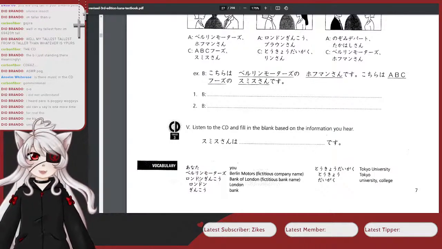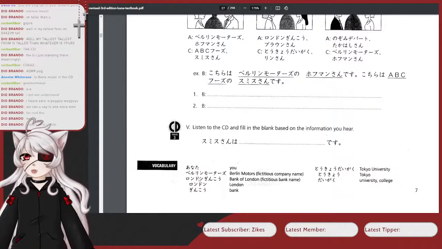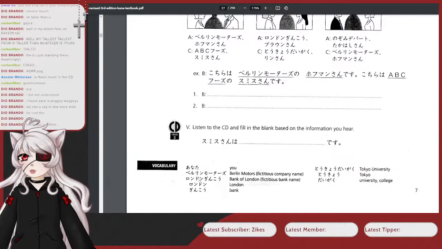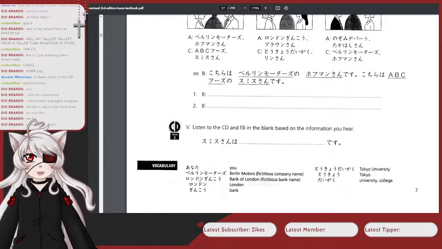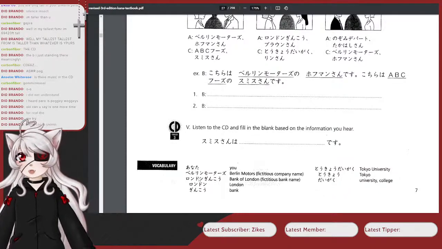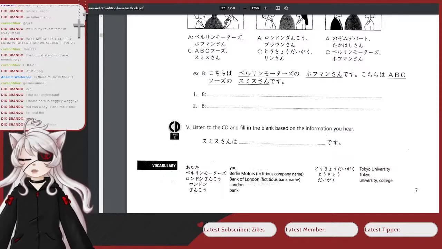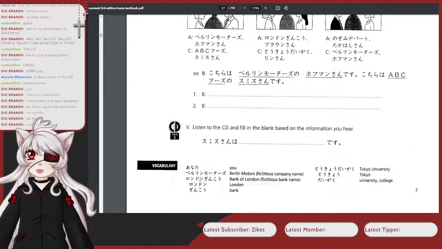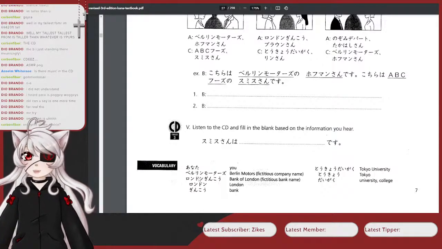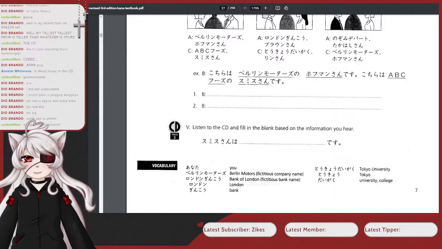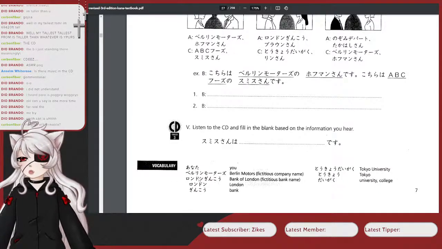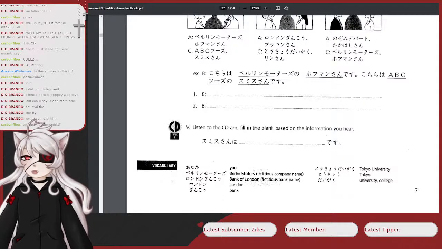Smith-san is... bengoshi. It's probably not what you learnt in your lessons. This has been one from this book. An agent of the Matrix? Bengoshi is not an agent of the Matrix. I think.